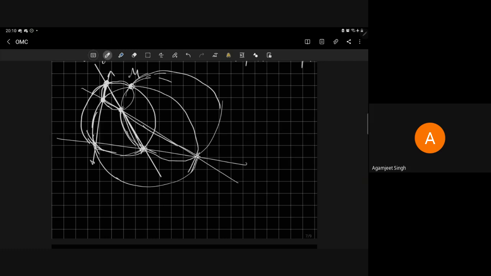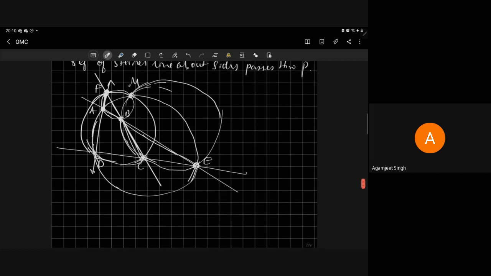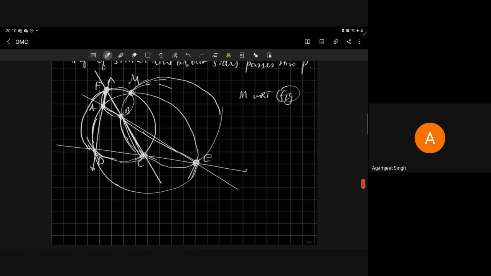Yeah, let's name these points: A, B, C, D, E, F. The Steiner line of M with respect to this quadrangle, or this four-line figure called a complete quadrilateral, is just the Steiner line of M with respect to any one of these triangles.